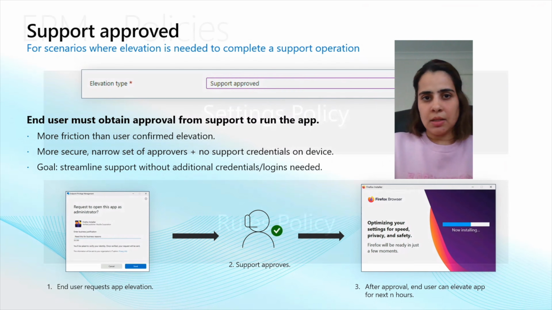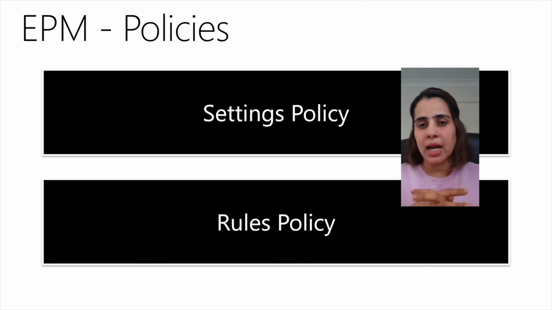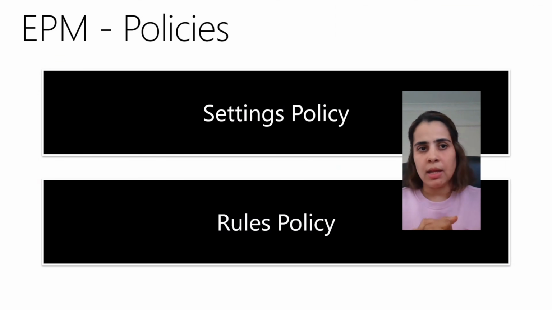Thank you. Before we jump a little bit deeper into the architecture of endpoint privilege management, let's just understand what these policies are. At the start of this conversation I spoke about how these are policy driven elevation behaviors.